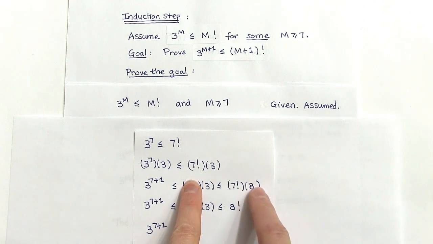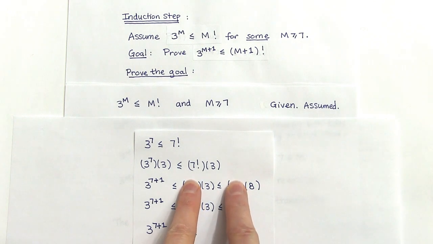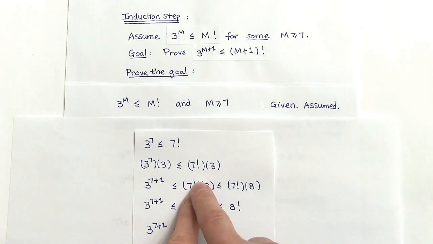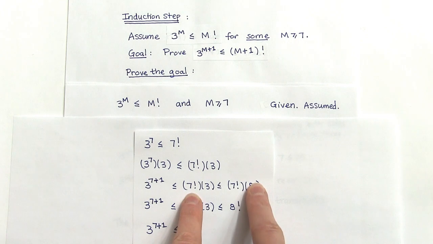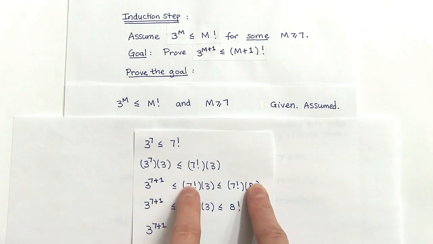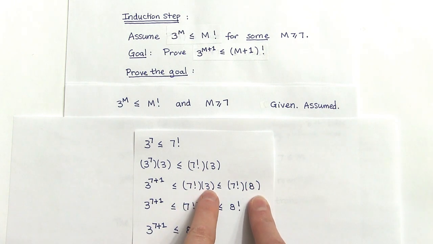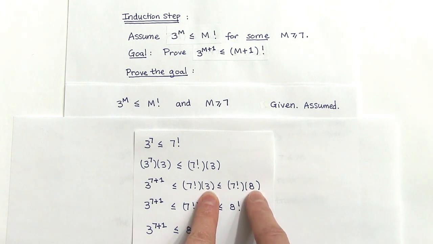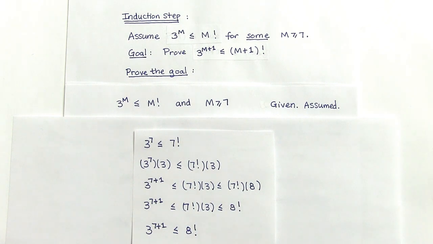Because 3 is less than or equal to 8, that's a correct inequality. So multiplying both sides of this inequality by the same positive number, 7 factorial, the direction of my inequality remains the same. So yes, 7 factorial times 3 is indeed less than or equal to 7 factorial times 8. You might check that on your calculator. Make sure you believe me.